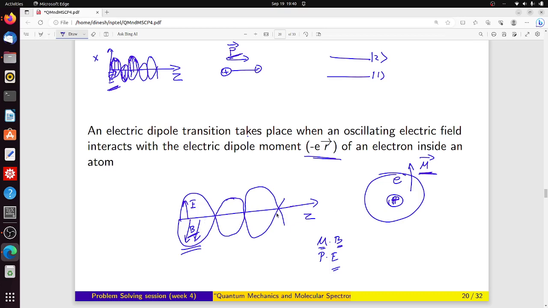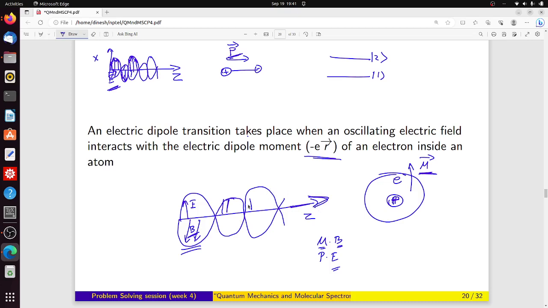Electric dipole will interact with electric field, magnetic dipole will interact with magnetic field. This radiation is always oscillating, obviously, because this is radiation. Oscillating electric field will induce oscillating magnetic field, and this oscillating magnetic field will induce oscillating electric field. That's how this radiation propagates.